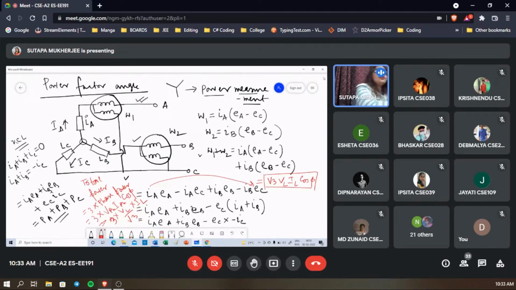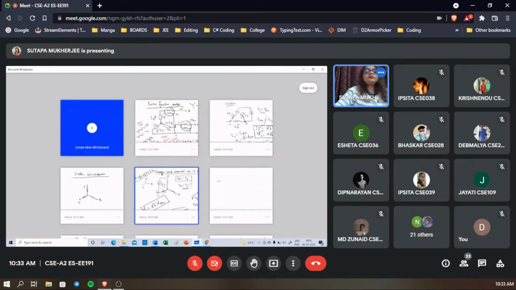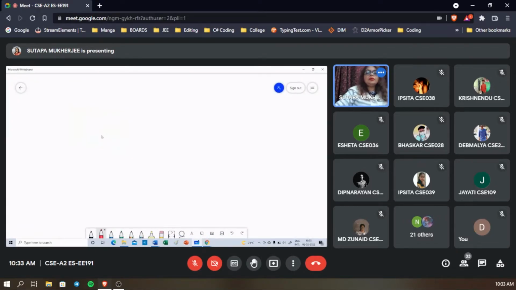Now another one is there, that is power factor angle. This is the last one, okay? So come to power factor angle. Consider star connection.